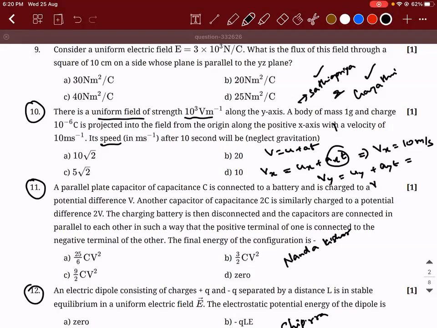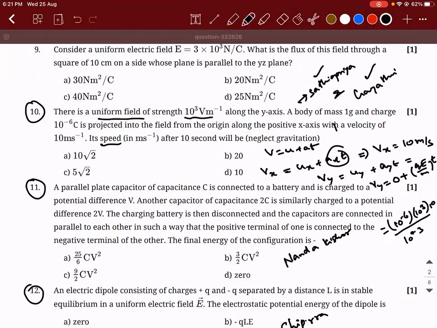So vy will be equal to uy, which is 0, plus the acceleration along y, which is QE divided by m, into t. Q is 10 power minus 6, into electric field 10 power 3, divided by the mass of the particle 10 power minus 3, into the time, 10 seconds.